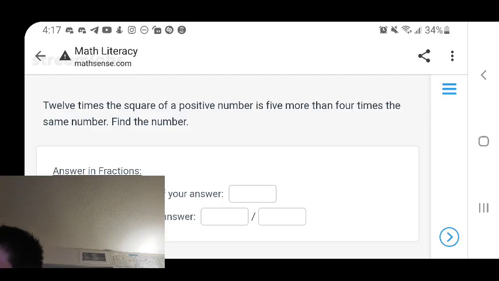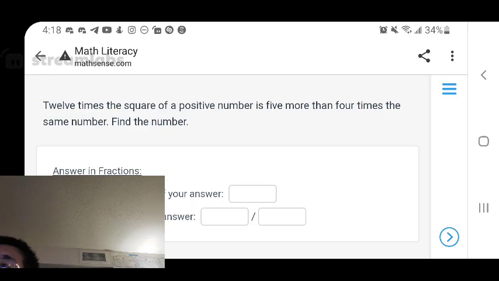Positive number is x, 12x squared, is 5 times more than 4 times the same number. Twelve times x squared is 5 times more, so I divide by 5. It's 5 times, no, it's 5 more.